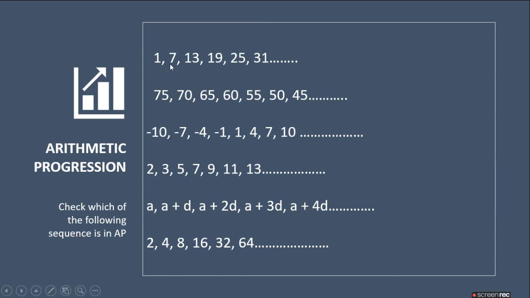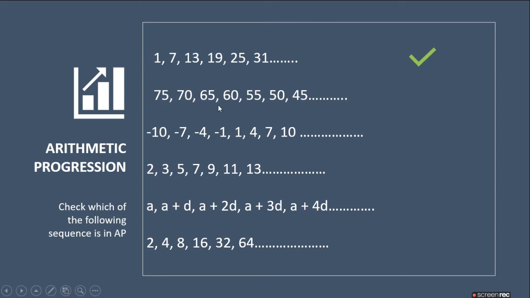When we subtract the preceding term from the successive term, we get the common difference. Here the difference between the first number and second number is 7 minus 1, that is equal to 6. Third number and second number is 13 minus 7, that is also 6. We can see that the difference is 6 everywhere. So there is a common difference and it is 6, so it is in AP.